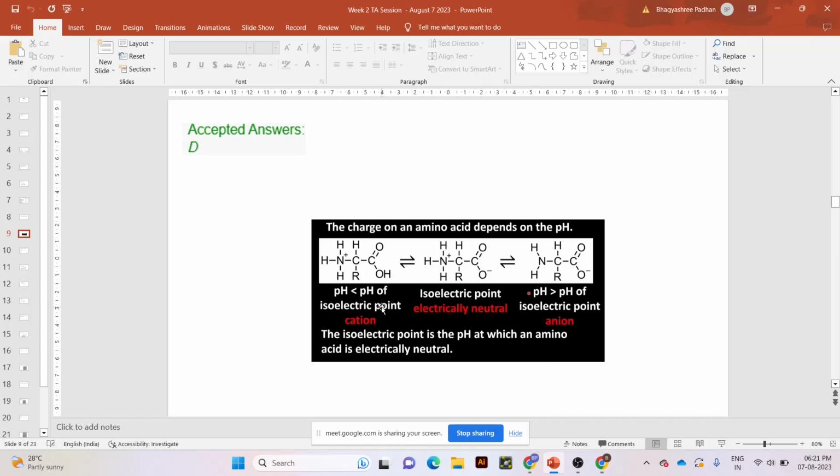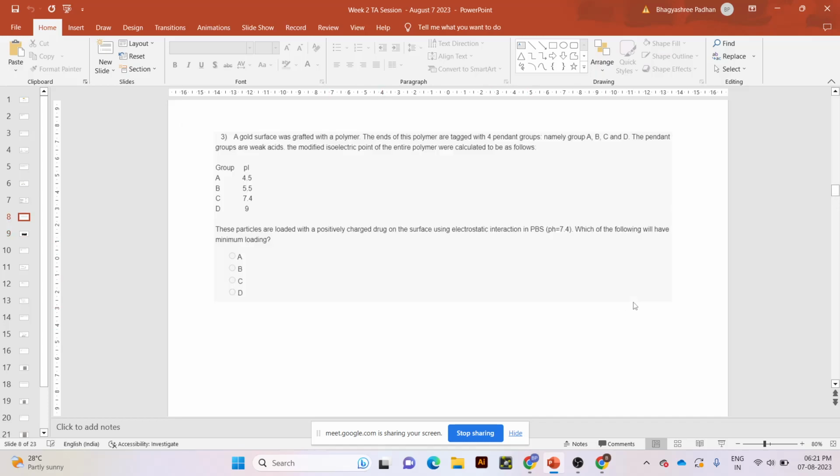So it will be positively charged. When we load it with positively charged ions, it will repel them. But if we load it with negatively charged, there will be more loading. Since the question asks for the positively charged drug with minimum loading, option D will be the correct answer. It will repel all the positively charged drug and it will have the minimum loading.